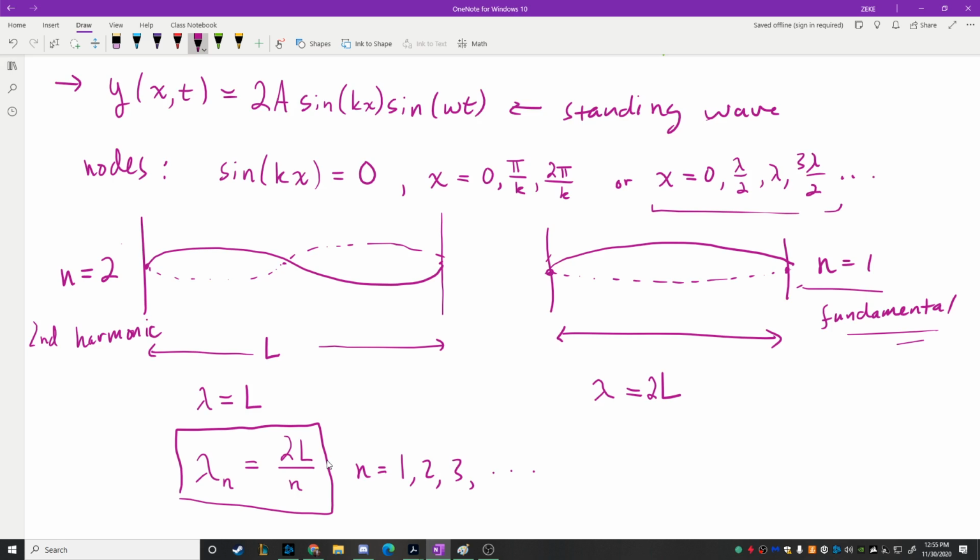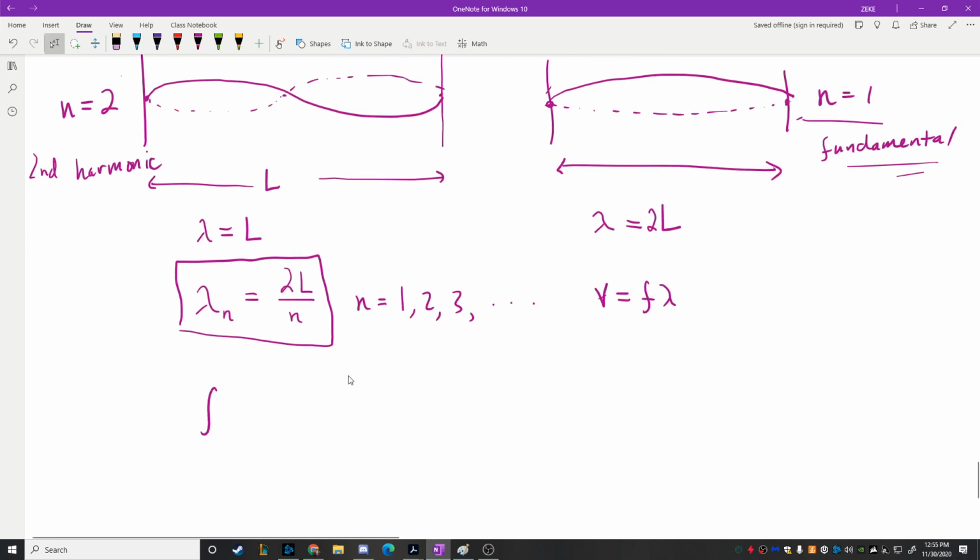And we can relate these wavelengths to the frequencies, because since we know that the velocity of the wave is equal to the frequency multiplied by the wavelength, if we plug in lambda into this equation, the frequency of the wave is going to be given by this expression, n times v over 2l, where the first frequency is just going to be equal to v over 2l.